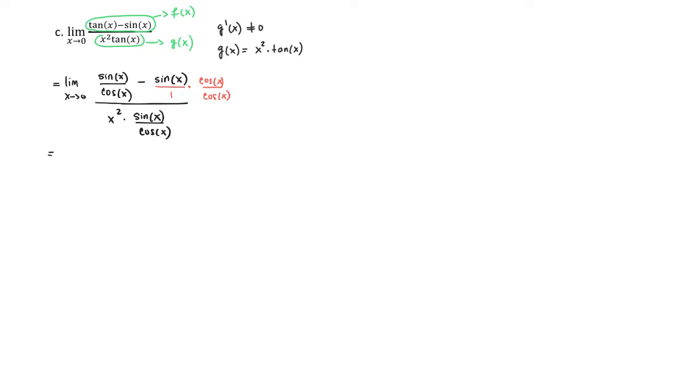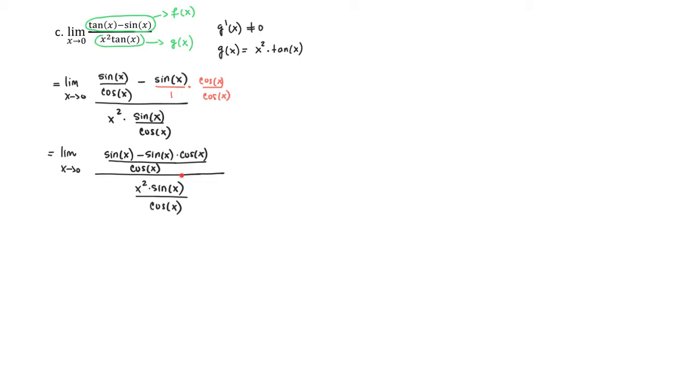That is going to give us the limit as x approaches 0 of, we're going to have the main division here. The denominator of the numerator will be cosine of x. And then on top, we're going to have sine x minus sine of x times cosine of x. And then here in the denominator, we will have x squared times sine x divided by cosine of x.